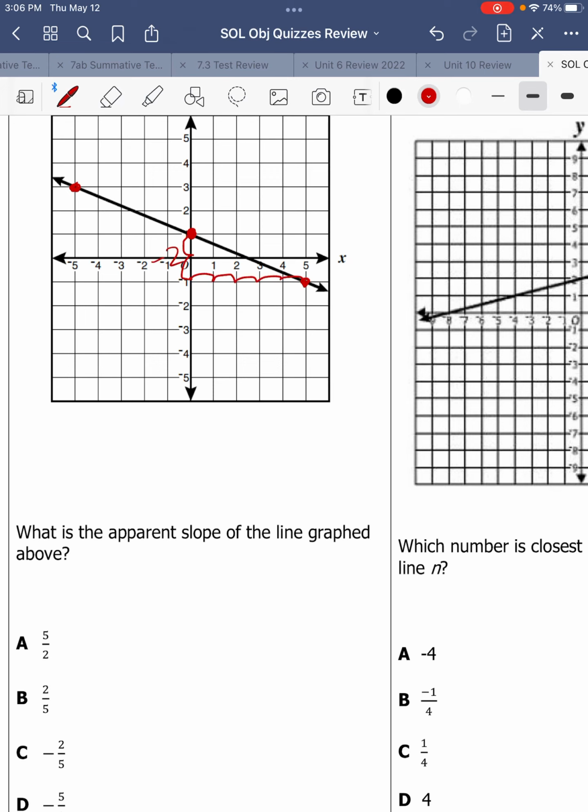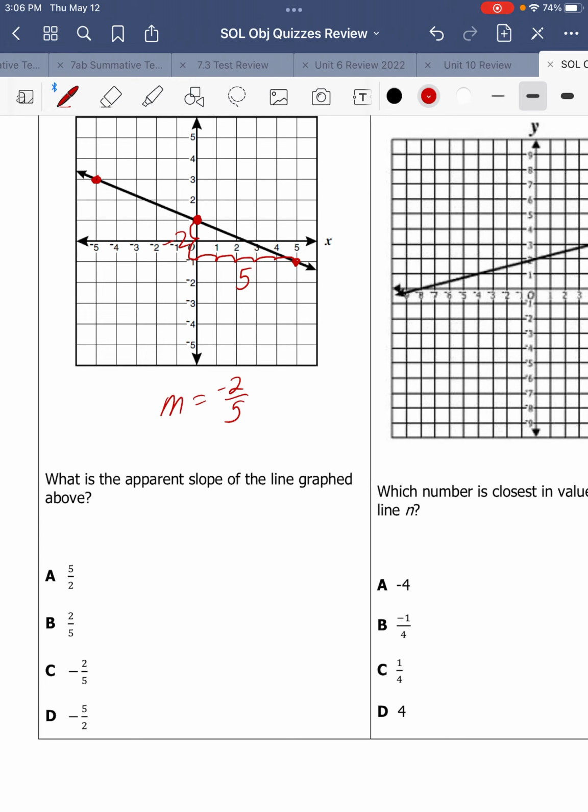And I go right 1, 2, 3, 4, 5. So right 5. So slope is negative 2 over 5. I could have also gone up 2, so that's positive 2, and then left 1, 2, 3, 4, 5. And that'd be 2 over negative 5, which is the same thing as negative 2/5.